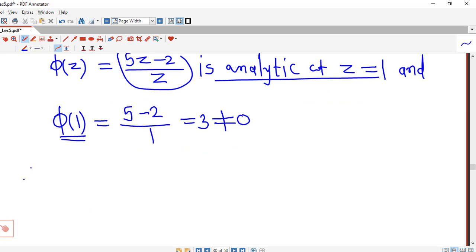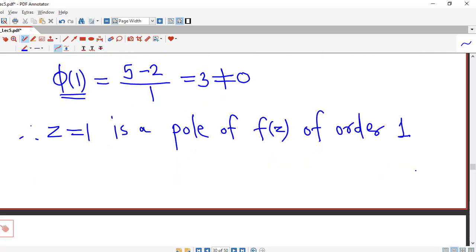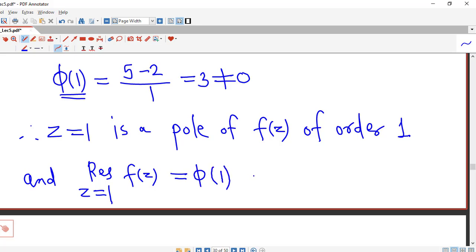So therefore, z equal to 1 is a pole of function f of z of order 1, or f of z has a simple pole at z equal to 1, and residue of f of z at z equal to 1 will be value of function phi at z equal to 1, which is 3, and we denote this residue by b2.